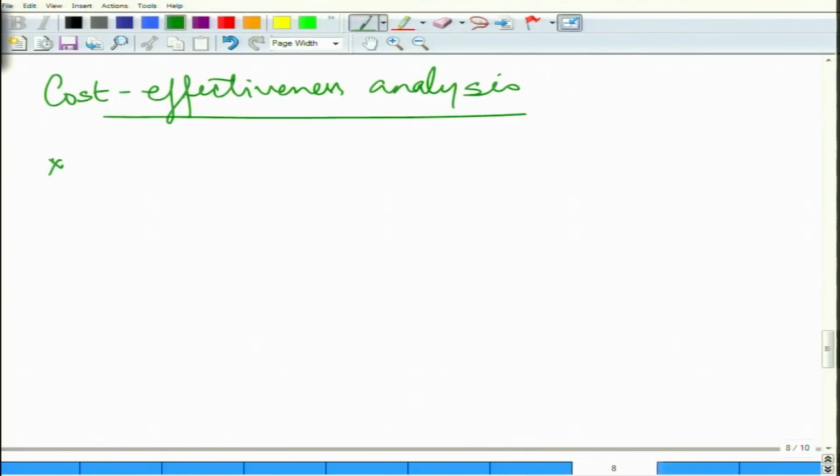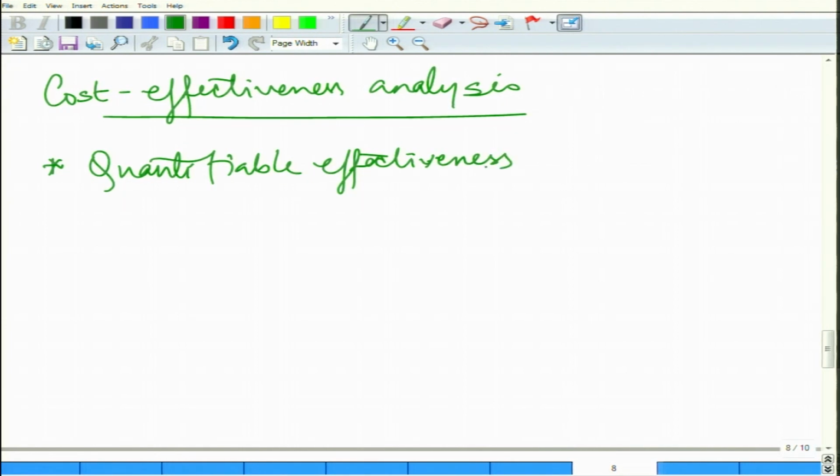Therefore, when we do this cost effectiveness analysis, of course cost is a numeric figure, but the effectiveness also has to be a numeric figure, they have to be quantifiable. In cost effectiveness analysis, so quantifiable effectiveness, in fact, the measures can also be quantifiable, such as the hours of exercise, the kind of food intake, or the total calorie intake.